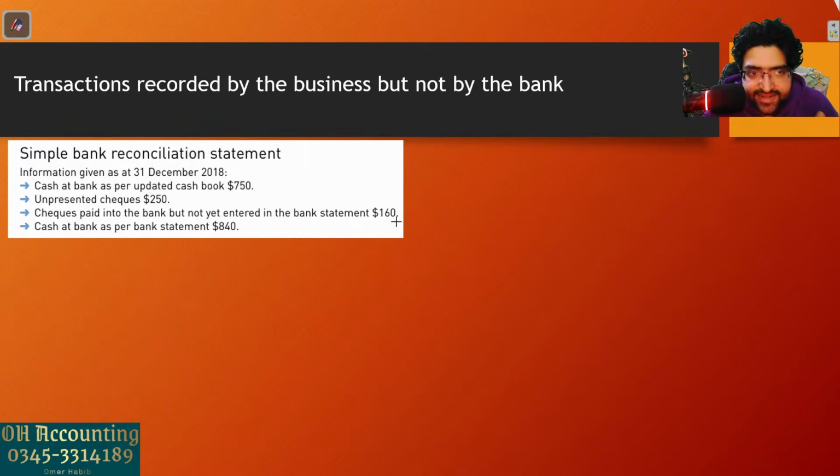Before starting the technical example, let me show you what a bank reconciliation statement is and how do we prepare it quickly. See, bank reconciliation statement.